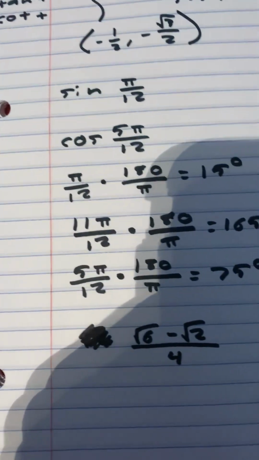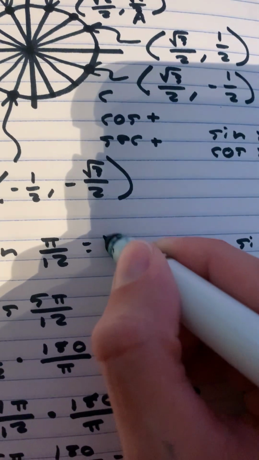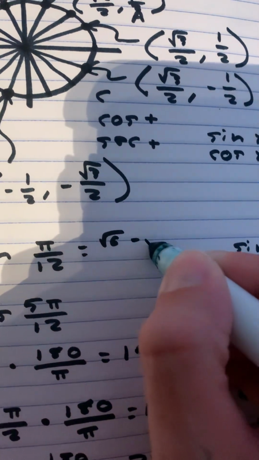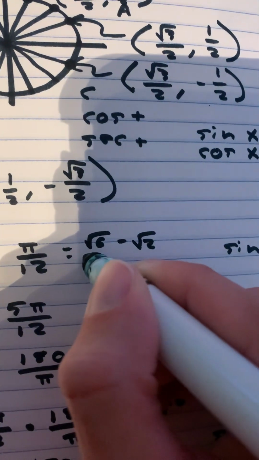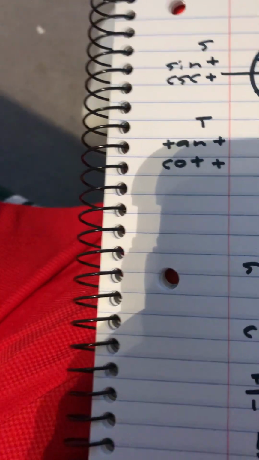Do I get the square root of 6 minus the square root of 2 over 4? Yes, I do. So the sine of pi over 12 should be the square root of 6 minus the square root of 2 all over 4. There we go. We just solved the sine of pi over 12.